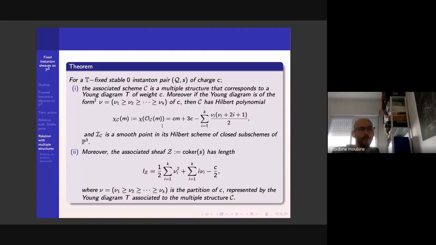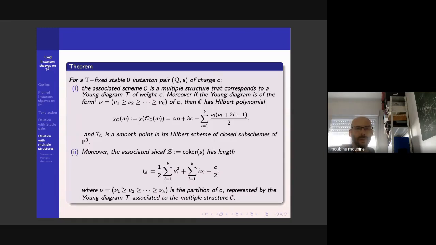So for the associated C multiple structure, on which Q is a sheaf, if it's given by a Young diagram given by this partition, then we have the Hilbert polynomial given by this formula.